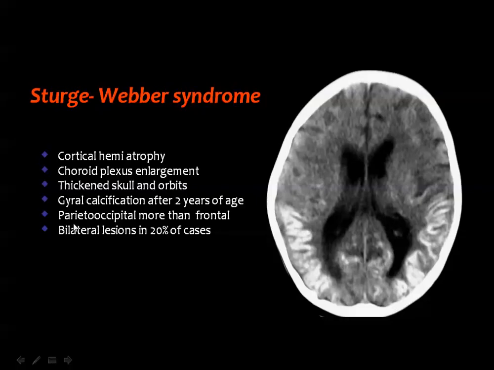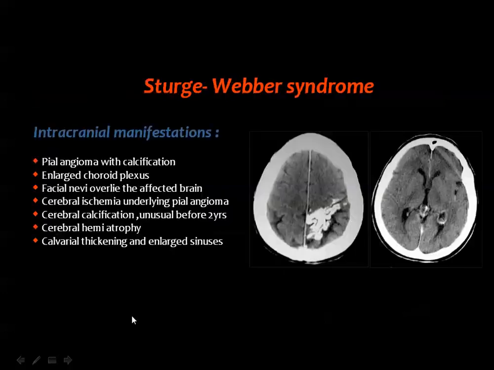The common location is parieto-occipital more than frontal. Gyral calcification is usually seen after the age of 2 years. You should know that one of the manifestations of this disease is hemiatrophy of the affected cerebral hemisphere and enlargement of the choroid plexus ipsilateral to the lesion.